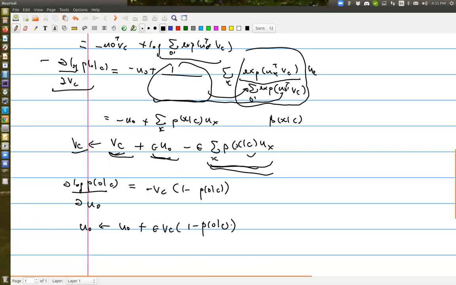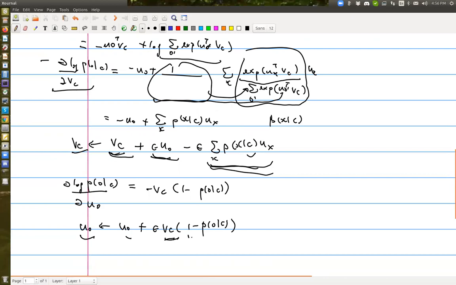Again, this is interesting. If I have a center word C and I find that an outside word is O, I should make my U_O representation more like the center representation V_C, but it's also scaled by 1 minus P(O given C).